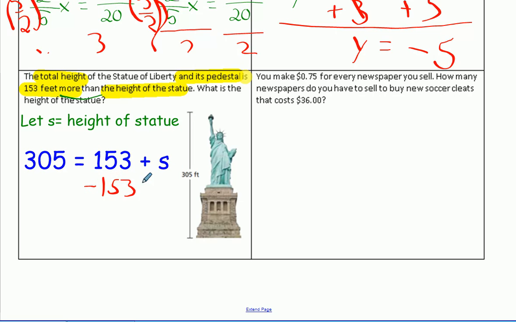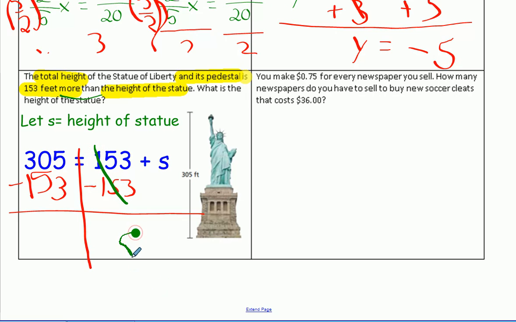Again, isolating my variable, my letter S. And again, if you need to put the bar down the center of the equation, it's up to you. Sometimes I do, sometimes I don't. But that way, this will cancel out. I'll get 0. And I get S equals, and again, do some subtraction.